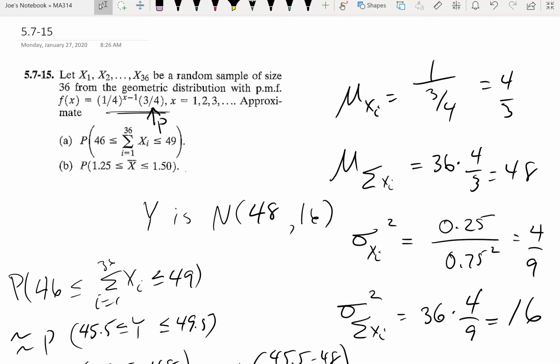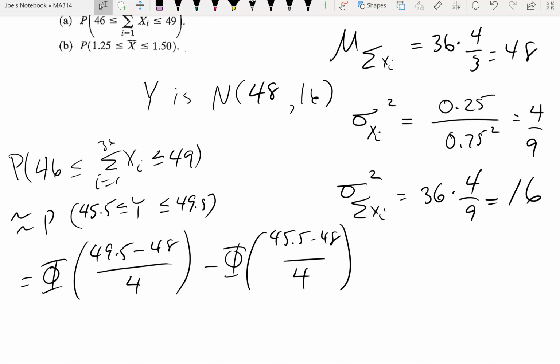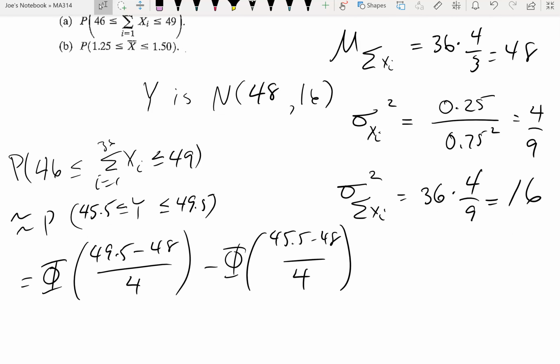All right. What would be different about part B? It was right there. What would be different about part B?